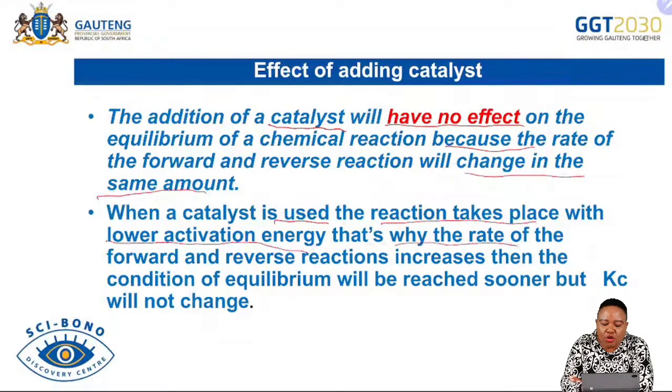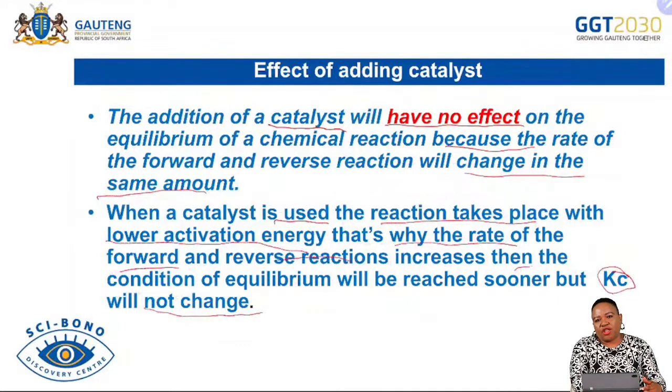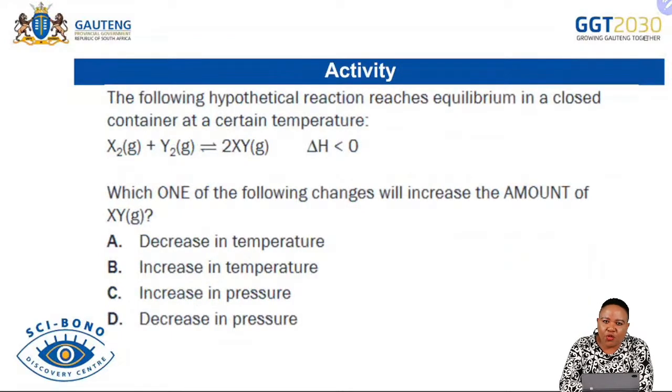That is why the rates of forward reaction and reverse reaction change, so it means the condition of equilibrium will be reached sooner. But you must know that the Kc will not change as you are adding a catalyst, unlike in those reactions that we did in our previous lesson, where a catalyst was doing what? Was increasing the rate of reaction.